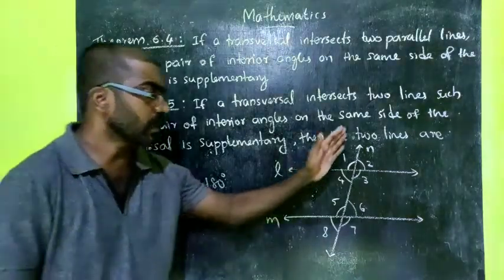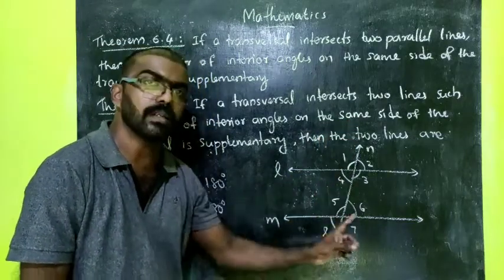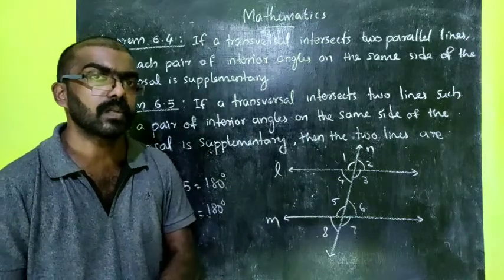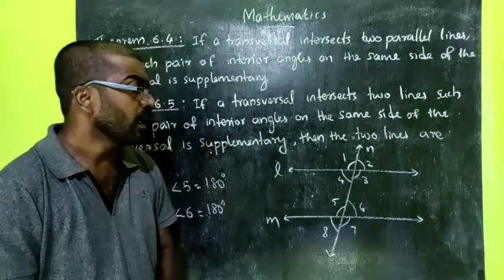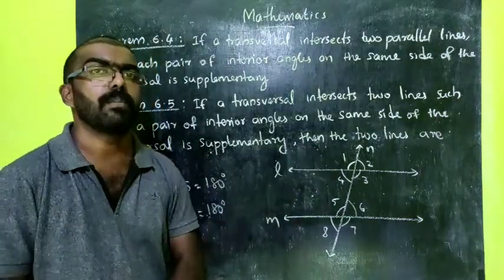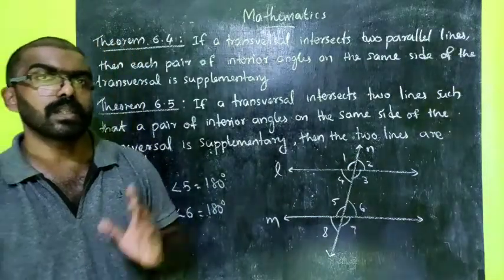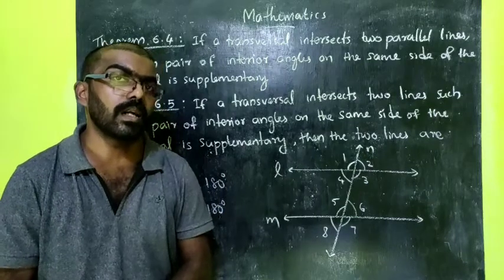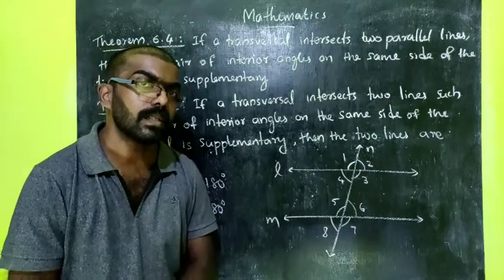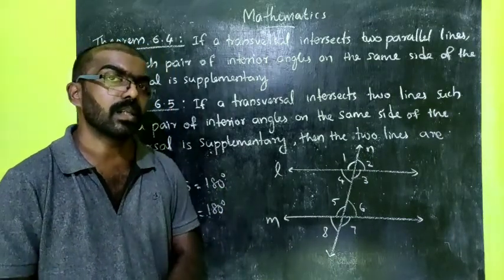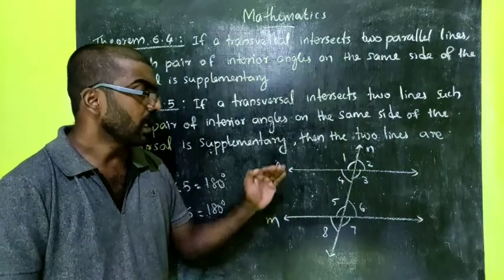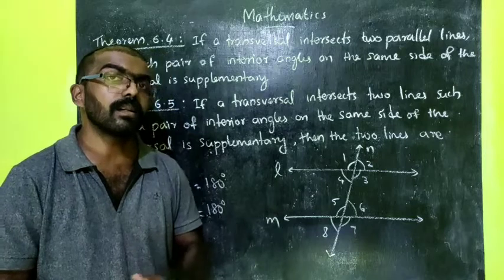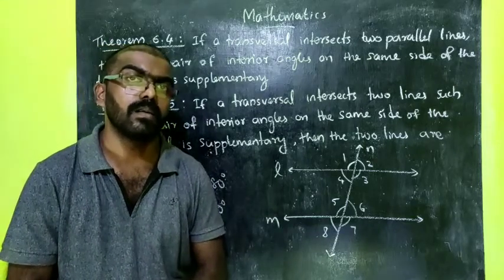The first theorem states that if two lines are parallel, then interior angles on the same side of the transversal are supplementary. And the reverse of the theorem states that if interior angles on the same side of the transversal are supplementary, then the lines are parallel.